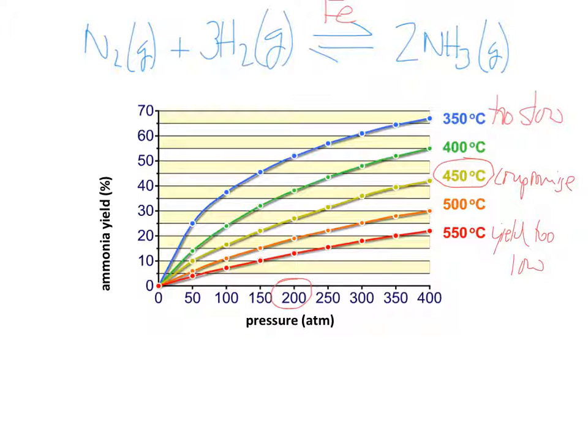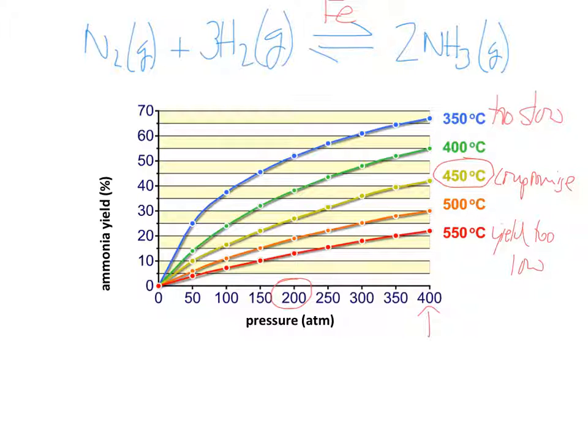Again, we have to compromise with our pressure. At 400 atmospheres, look at what that does to the yield of ammonia. Even at 450 degrees C, you're producing over 40% of the ammonia. Well, you're producing a yield of 40%. So why do we not use 400 atmospheres pressure? Because that gives quite a lot of ammonia.